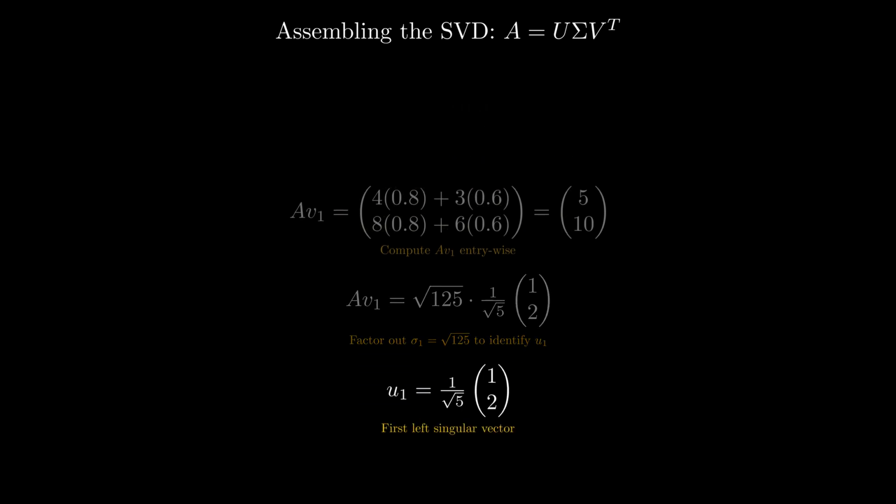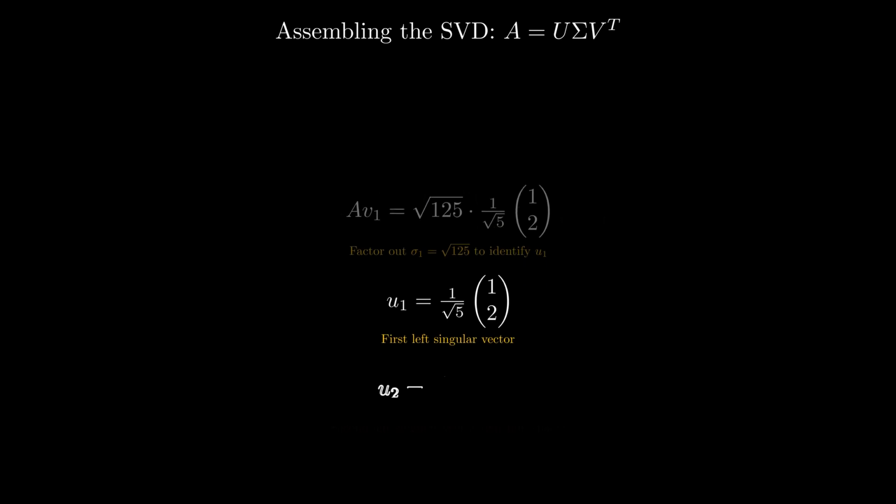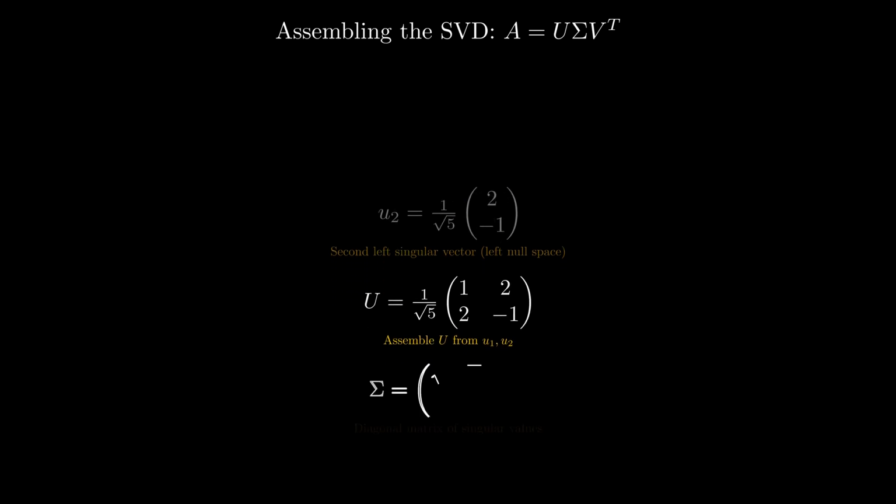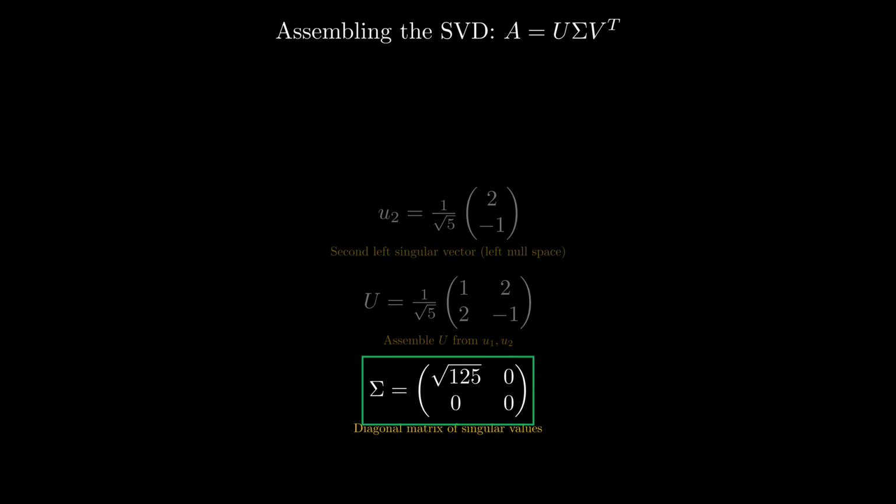So U1 equals 1 over the square root of 5 times the vector 1, 2. And U2, the left null space direction, is 1 over the square root of 5 times the vector 2, minus 1. Finally, sigma is the diagonal matrix with the square root of 125 and 0 on its diagonal.